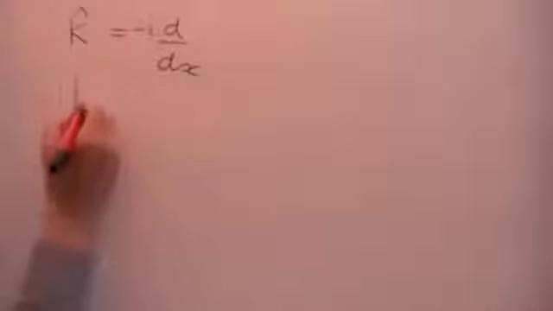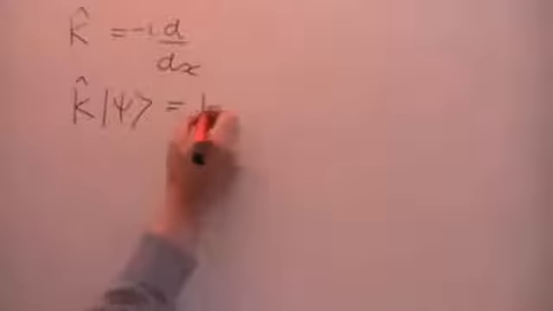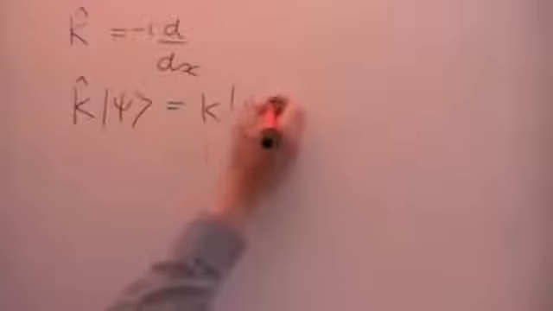So now we have an operator. I don't know what sort of operator it is. I'm going to call it K, and it is equal to minus i d by dx, which we've just shown is Hermitian. So it's definitely an operator. So we can definitely use it in the form that the operator acting on a state or wave function, psi, is going to equal an eigenvalue, which I'm using k again, times psi.